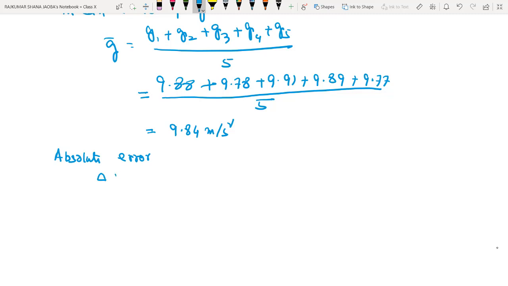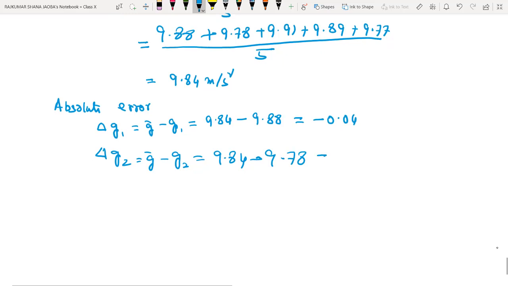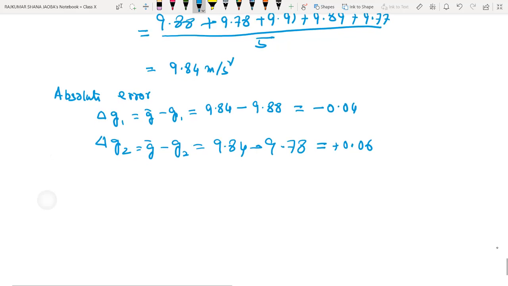So, delta G1 equal to G bar minus G1, which is 9.84 minus 9.88, so it is minus 0.04. Delta G2 is G bar minus G2 equal to 9.84 minus 9.78, so this is 0.06.